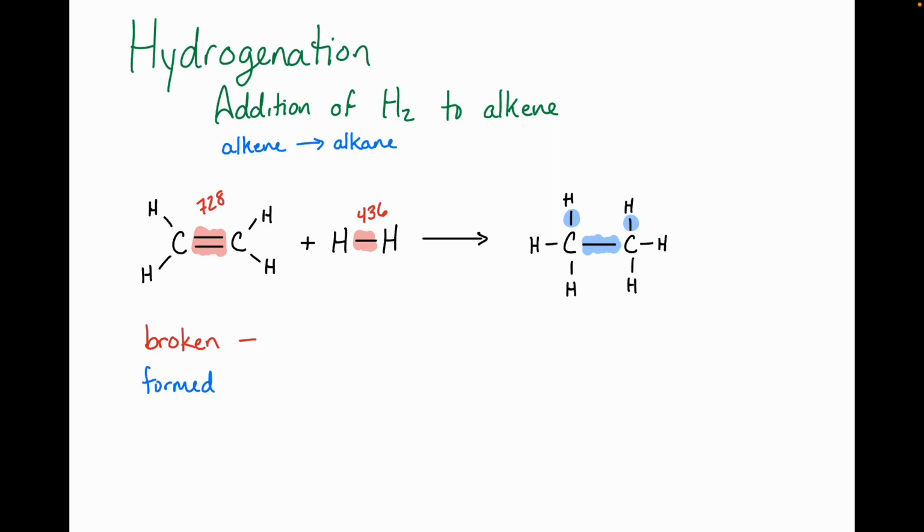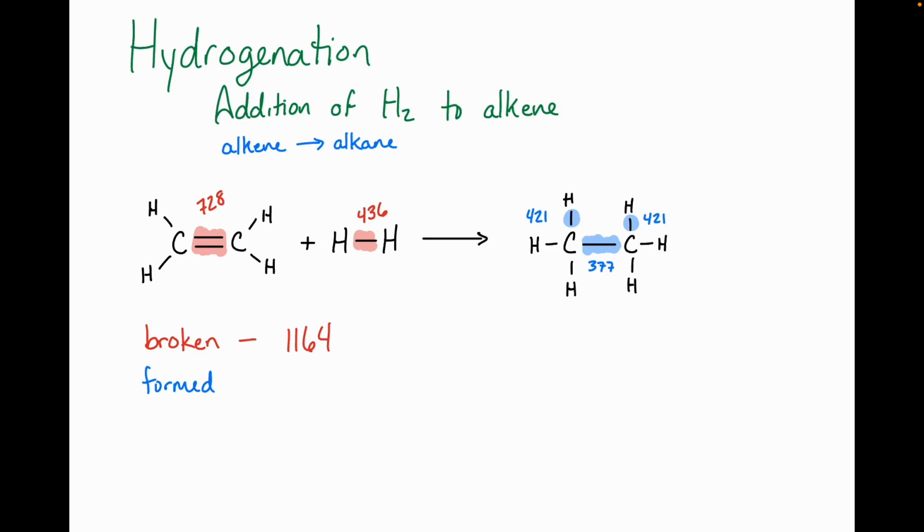Add those both up, and I'm going to have to put in 1164 kilojoules to break both of those bonds. On the flip side, my new carbon-carbon bond that forms is going to release 377 kilojoules, and my carbon-hydrogen bonds are going to release 421 kilojoules.